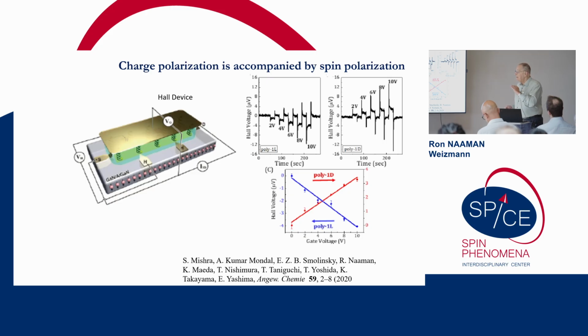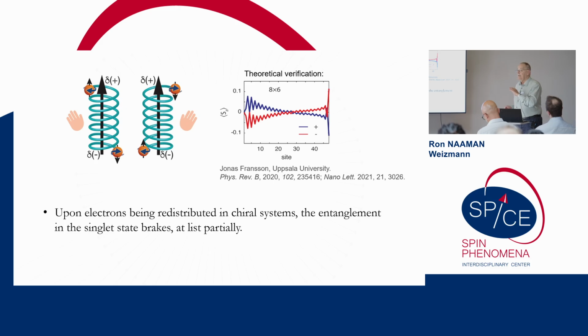Now, it was a big debate. How can we see it? And I think we proved that what we have is the anomalous Hall effect. So the idea is that when you apply a field on a chiral molecule, you charge polarize the molecule. But when charge is moving, of course, it's spin dependent.